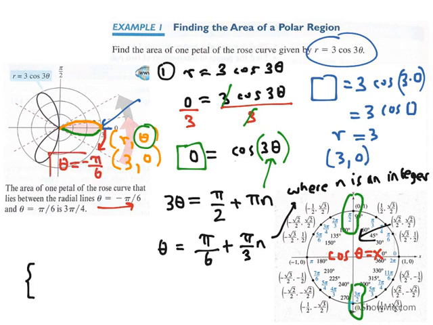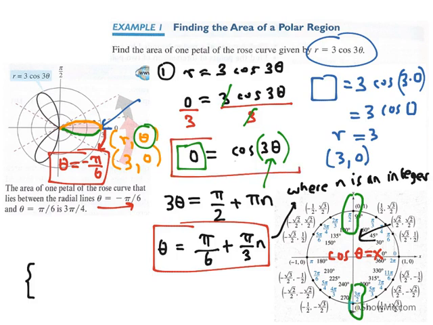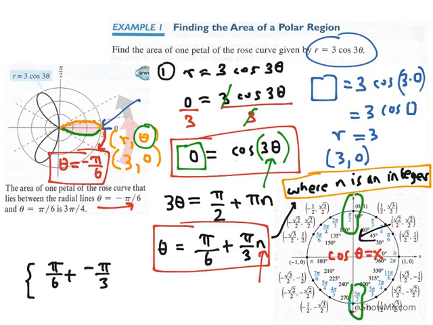And in fact, you will get negative pi over 6 from this set of possible solutions to our equation by setting n equal to negative 1. Because remember, n is any integer. So you will have pi over 6 plus negative 1 times pi over 3 would be negative pi over 3.